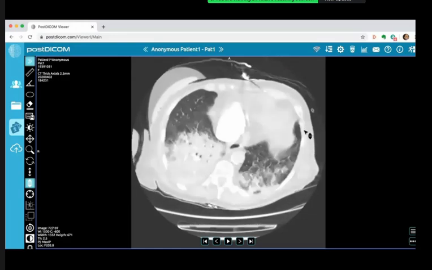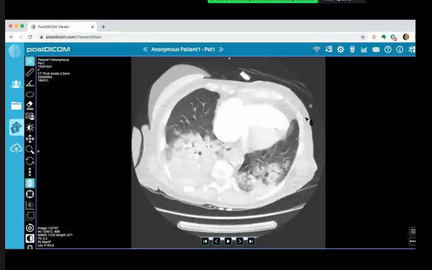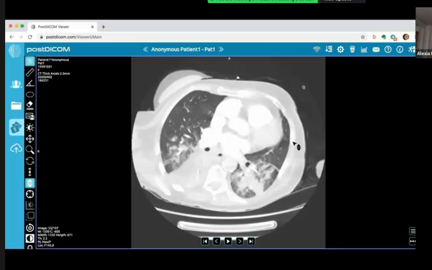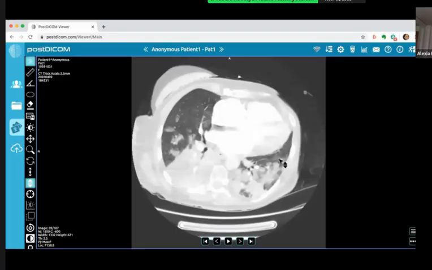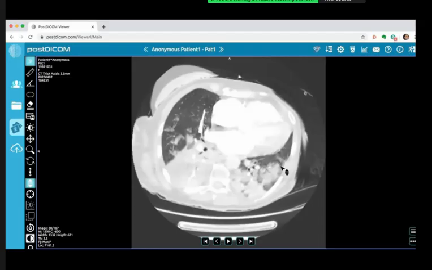This is what we were talking about before, the gradient where there's ground glass in the midline, and then it becomes more consolidative in the dependent regions. Is that ARDS? Yes.